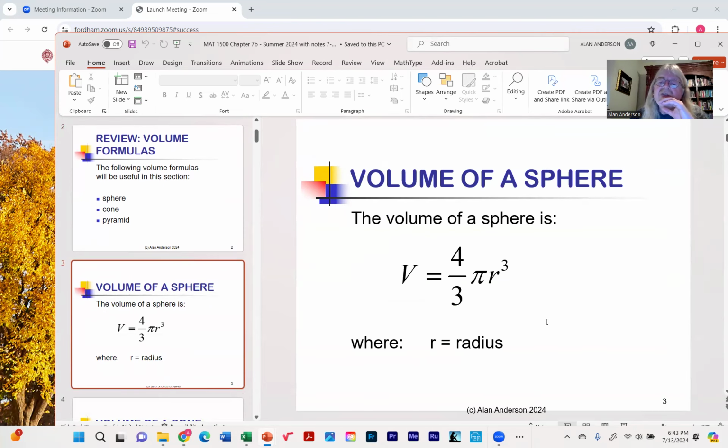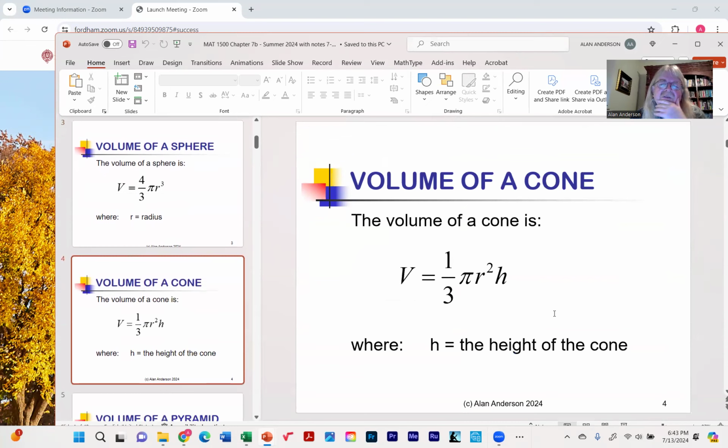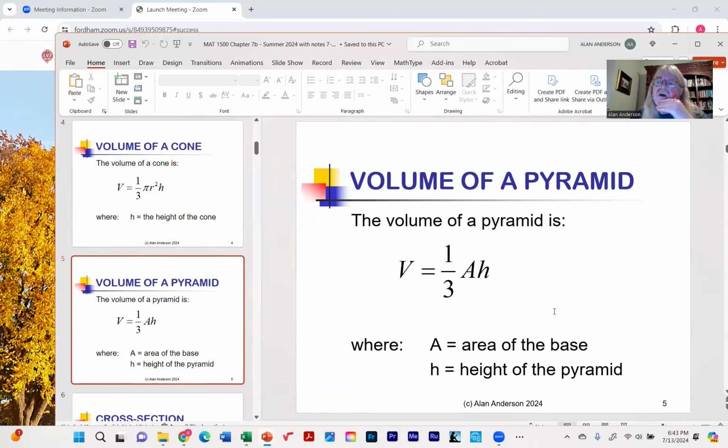A quick reminder, in case you've forgotten: the volume of a sphere is 4/3 pi r cubed. If you still remember this, you have an excellent memory. Volume of a cone, 1/3 pi r squared h. Volume of a pyramid, 1/3 AH, where A is the area of the base, which is typically just a rectangle.